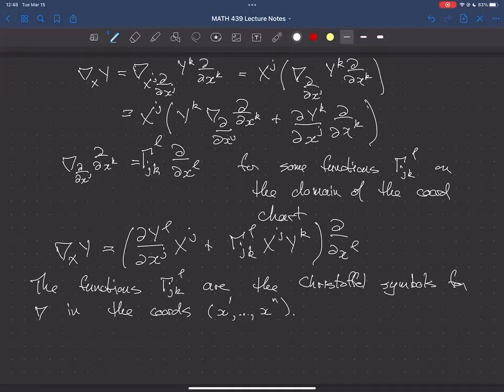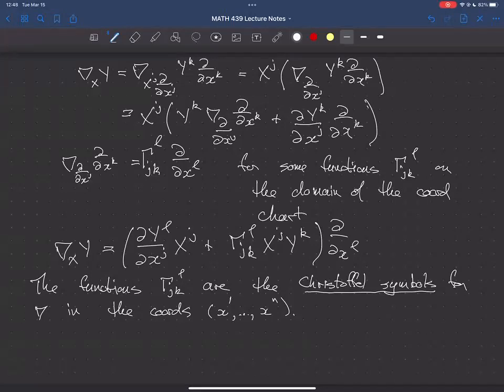So the point is, prescribing an affine connection is somehow the same thing as telling me what these functions gamma, the Christoffel symbols, are in any set of coordinates. Now, there should be an alarm bell ringing in your head here, because there's possibly a problem with that. Just in the same way that prescribing a vector field is somehow the same thing as describing the components of the vector field, subject to the condition that those components satisfy the transformation rule for vector fields.